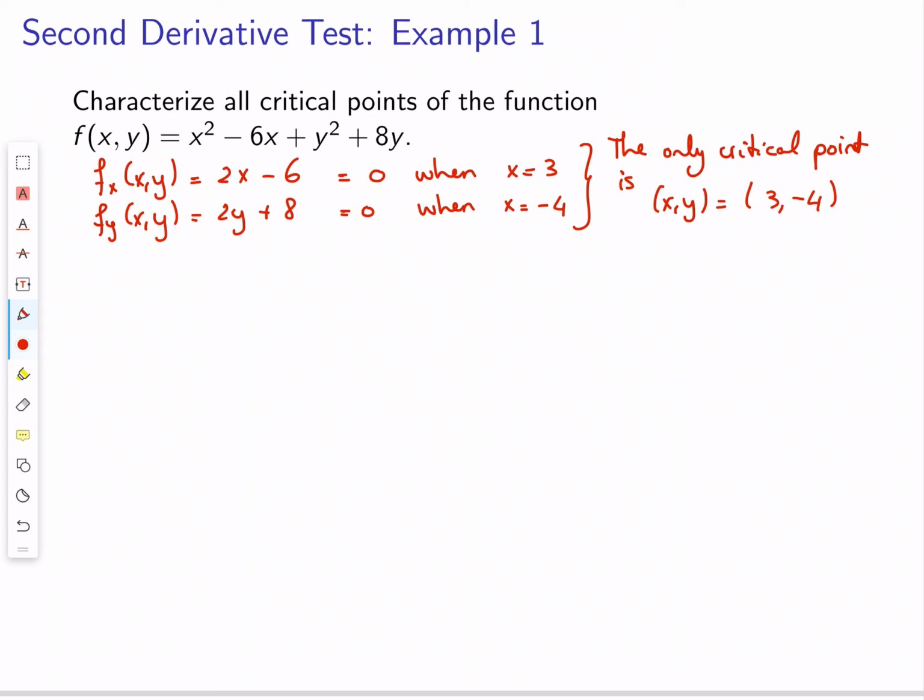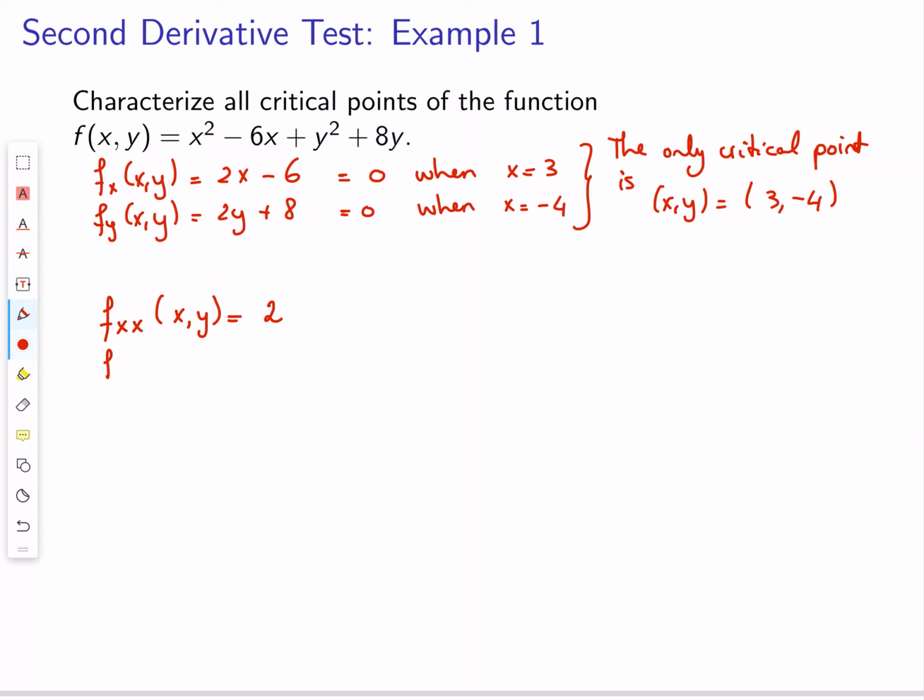So what we need to do is calculate all of the second partial derivatives. So f sub xx is the derivative with respect to x of f sub x. So I've got 2x minus 6. The 2x gives me a 2, and the minus 6 gives me 0. And so f sub xx is equal to 2.